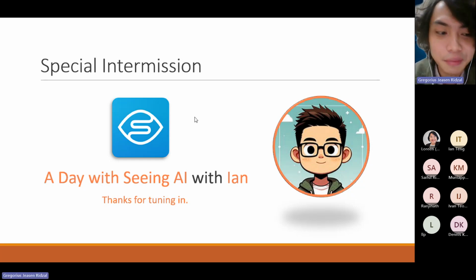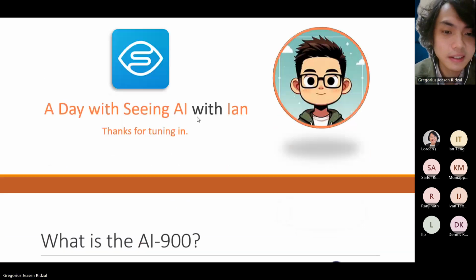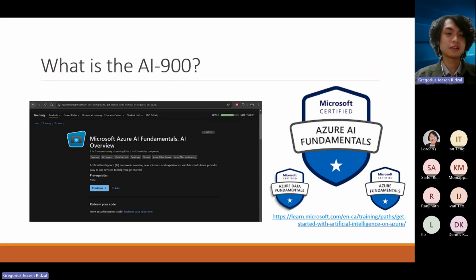The screen is not moving. 1 second. Okay, as you remember in our last session, we were starting off with the AI-900, right? If you guys remember what the AI-900 is, Microsoft's AI certification, the 900 means that it's a fundamental level. They actually have other 900 level courses, the AZ-900 for cloud services, DP for databases, much more technical in that one.